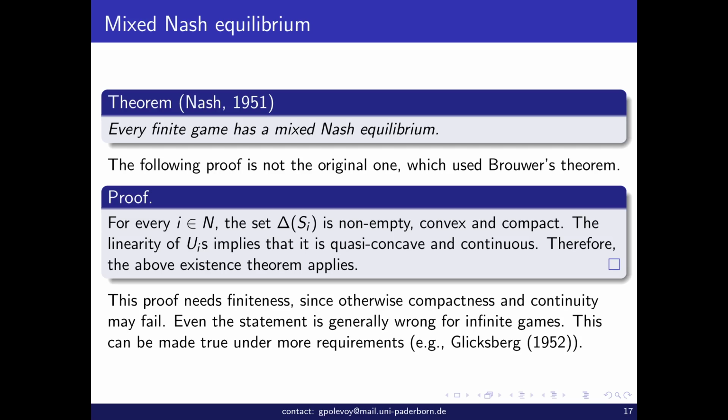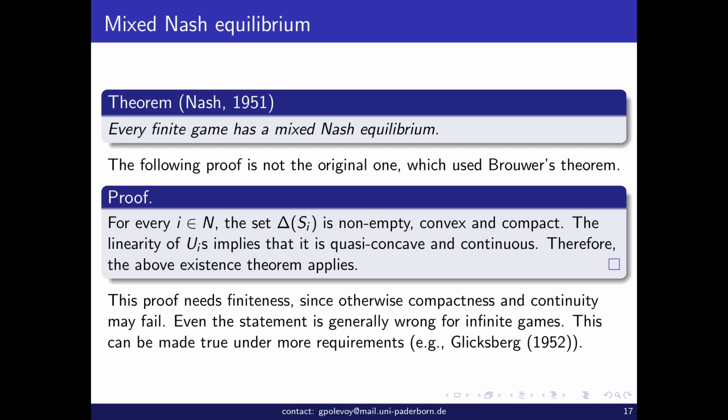So we eventually base what we do on Kakutani's theorem. And the proof is very simple, because we use Kakutani's theorem well. So for every player, the set of the mixed strategies is not empty, convex and compact. By the finiteness, it's compact. Otherwise, it's only non-empty and convex.